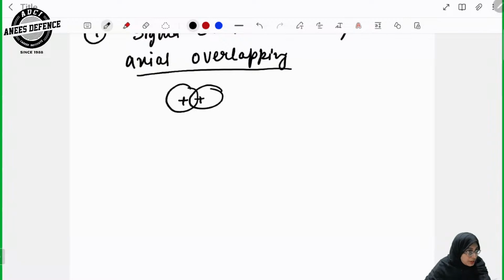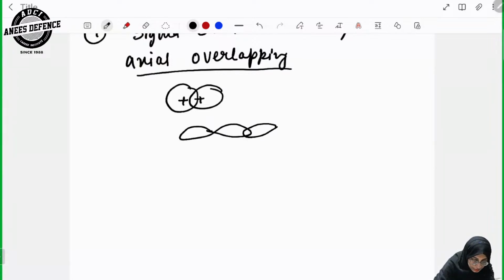If there is axial overlapping between the px and px, this is the p orbitals overlapping, so this should be plus. So overlapping takes place between the same sign.